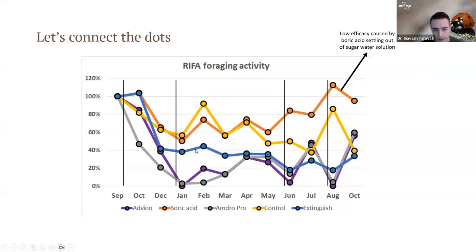As you can see, IGRs never produce absolute zeros, but it provided really nice, steady control over the whole year. And with boric acid, the reason it didn't work is that it settled out, and it was a sugar water solution, and that's why we had more ants in boric acid than control. It was just because the boric acid treatment did not work.